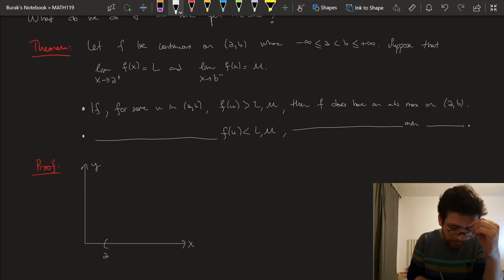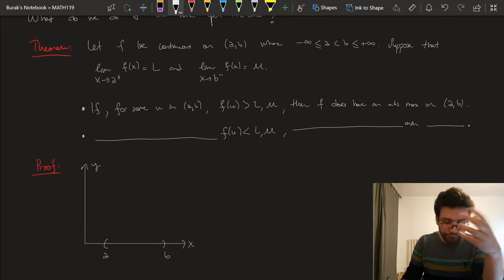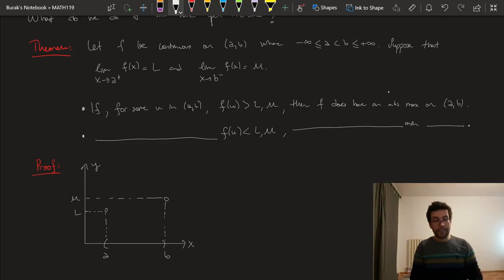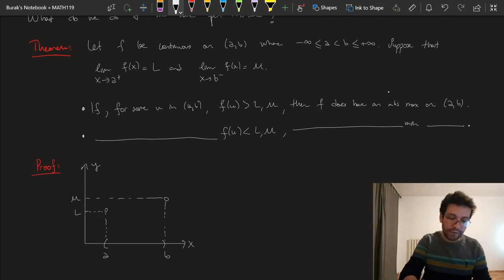So I have an open interval (a, b). My function has a right limit at a, and it's called L, and it has a left limit at b, which is called M. And my function is continuous on this open interval.